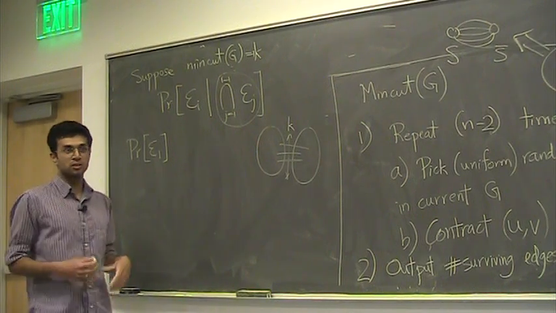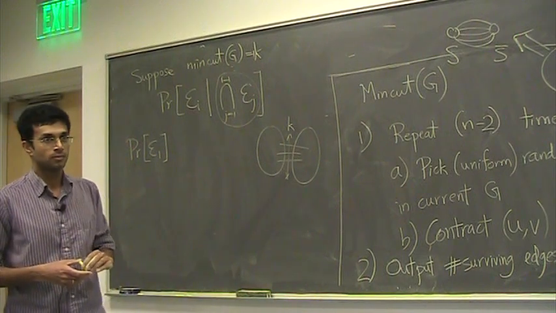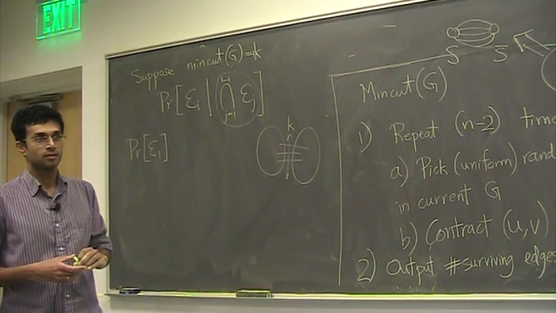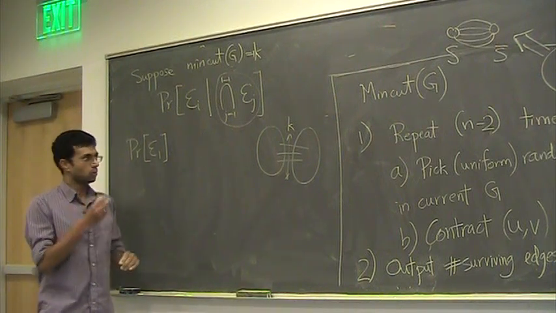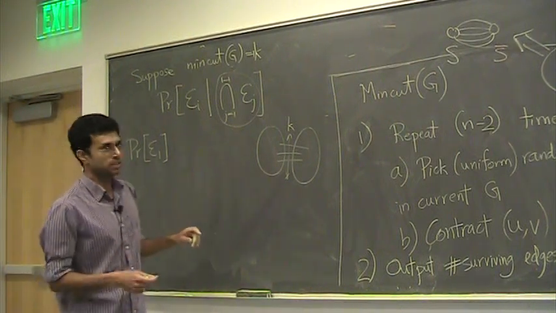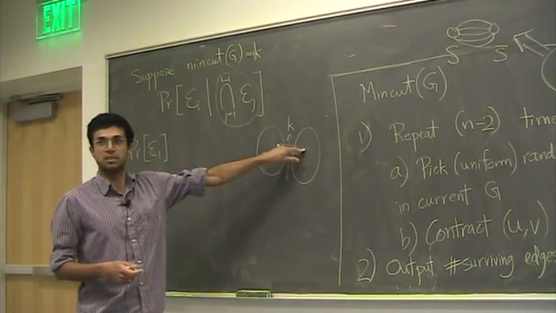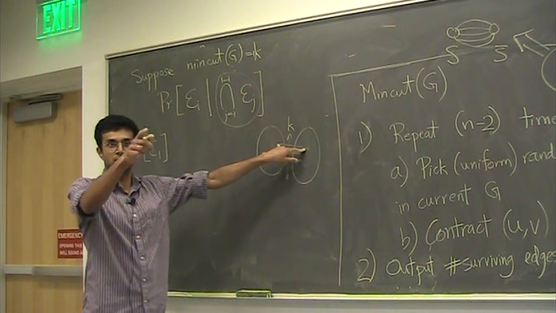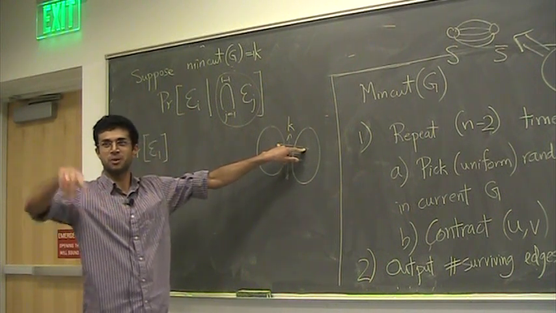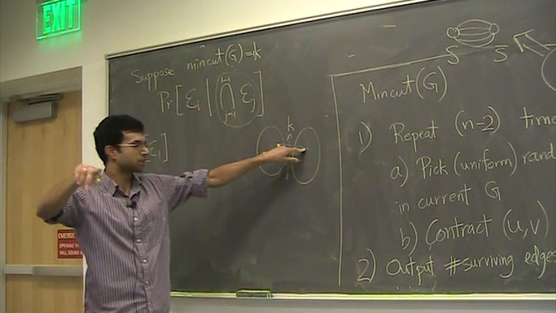You're picking a random edge and you want to miss this. It's not 1 over k. Someone had their hand up. Yes? m minus k over m. Good.